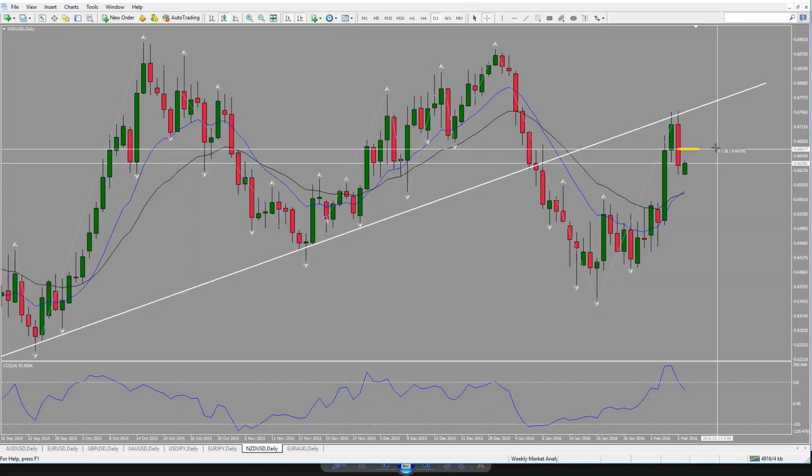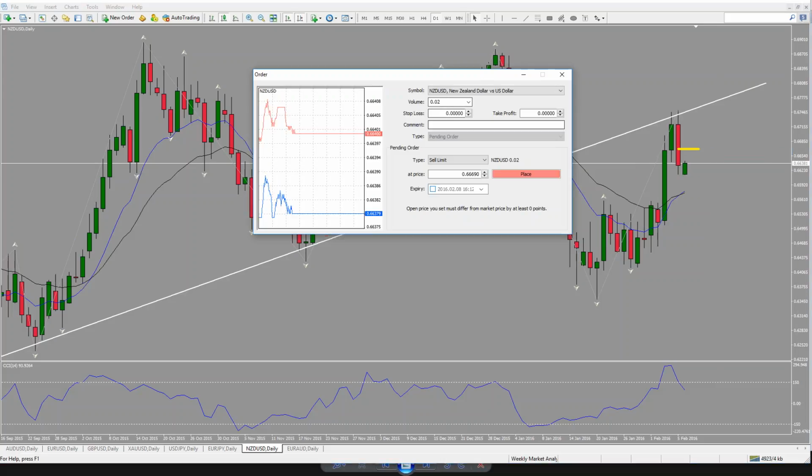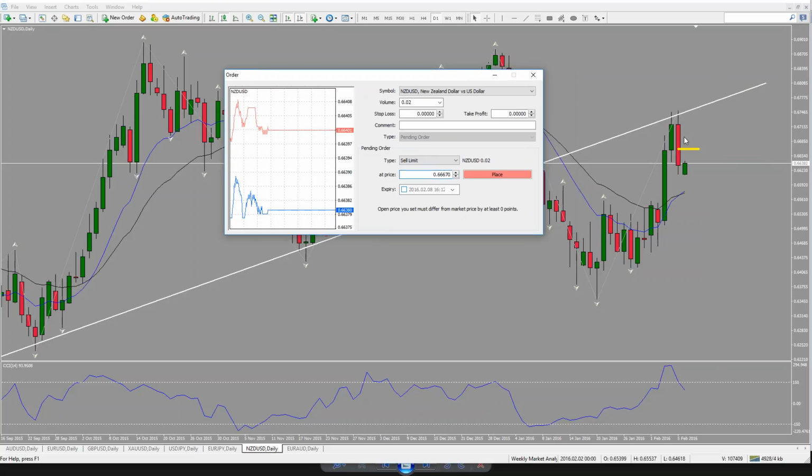Okay. The entry is 66.67. Sell limit. My stop is 67.56.